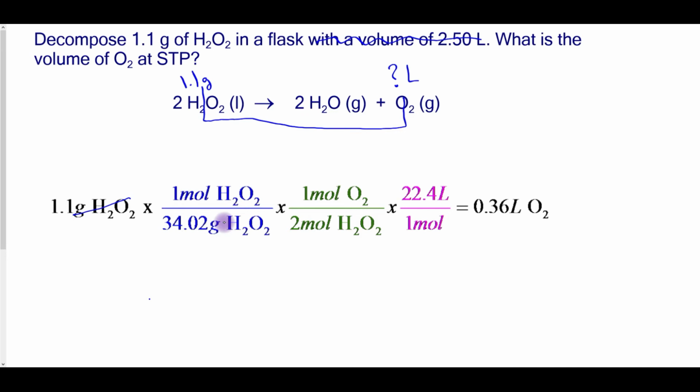Using the molar mass from the periodic table, I have 34.02 grams per 1 mole of hydrogen peroxide. Then I need to go to oxygen, so I'm going to use the mole ratio. That allows me to cancel out moles of hydrogen peroxide and end up with moles of oxygen. The problem asks for volume of oxygen at STP. That means I can use the 22.4 liters per 1 mole and end up with liters of oxygen.